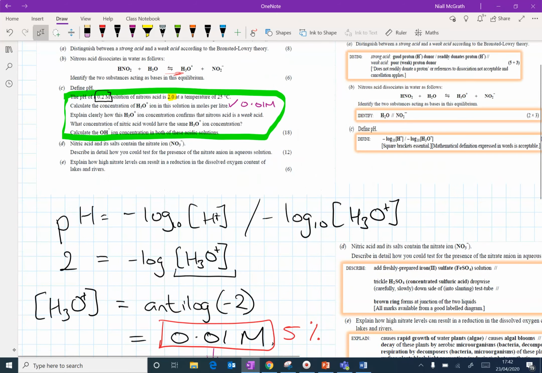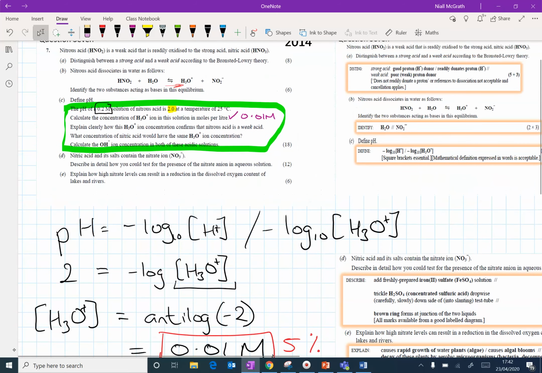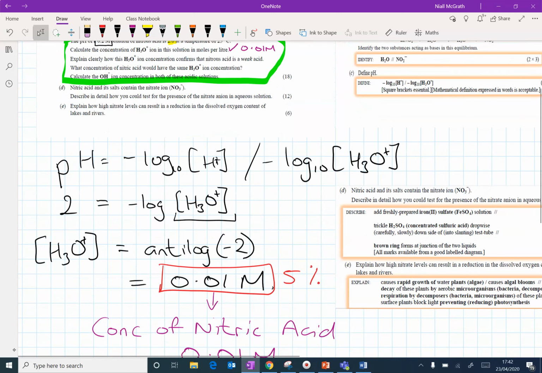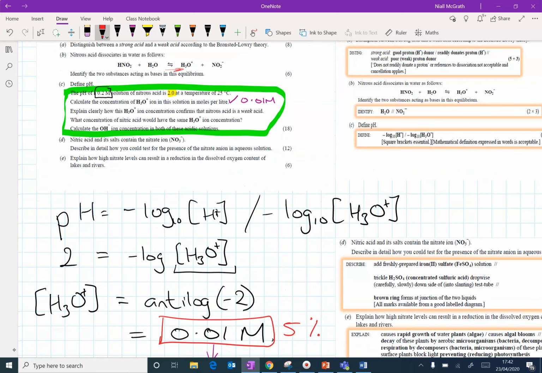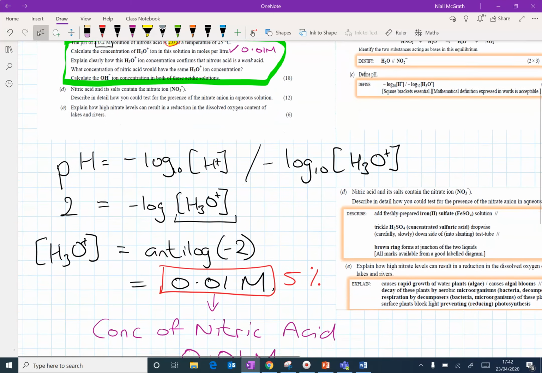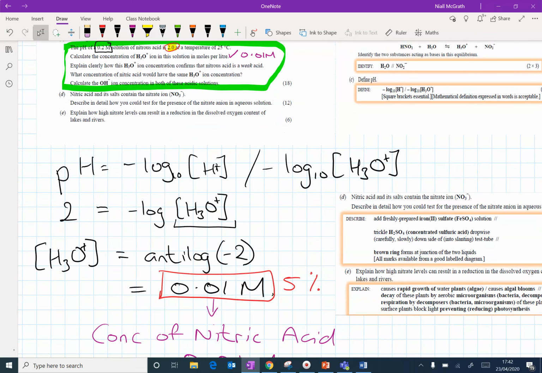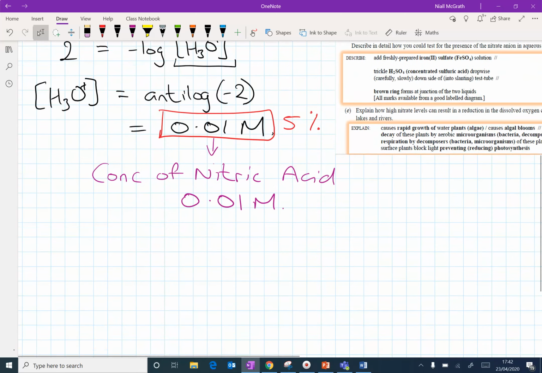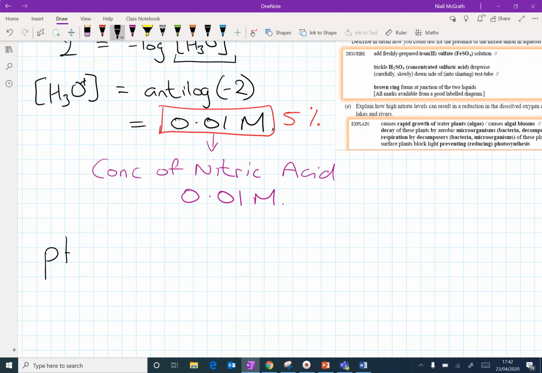And the last part of our question is: calculate the OH minus ion concentration in both of these acidic solutions. We're just trying to find our concentration of OH minus. We already know the pH. Our pH is 2. Now, we know that if we add pH and pOH, that should equal 14.